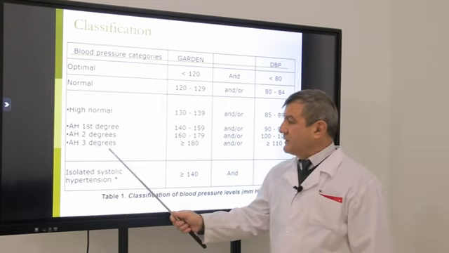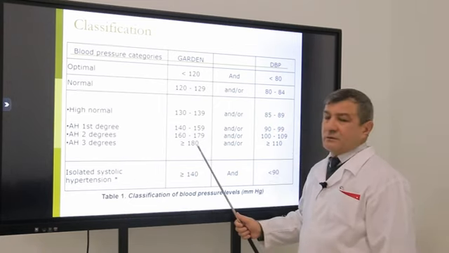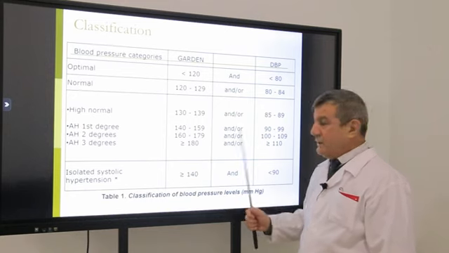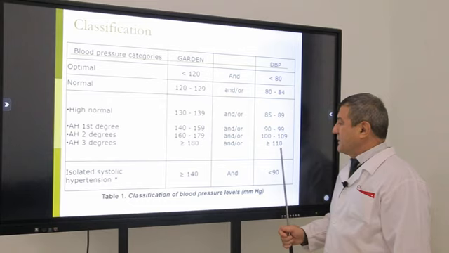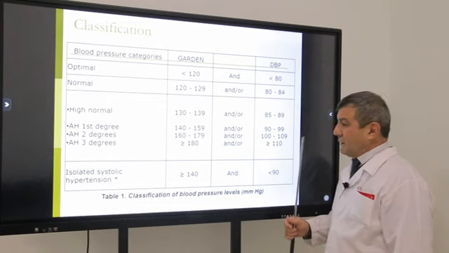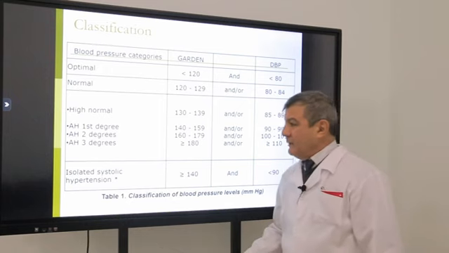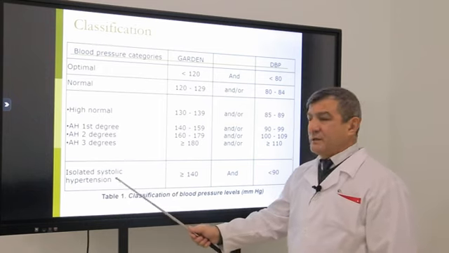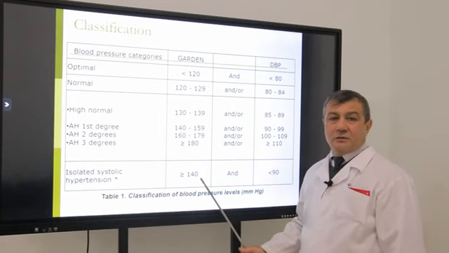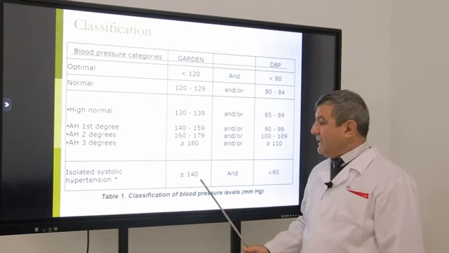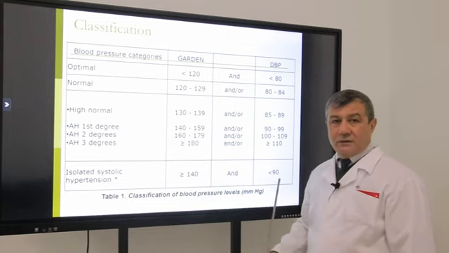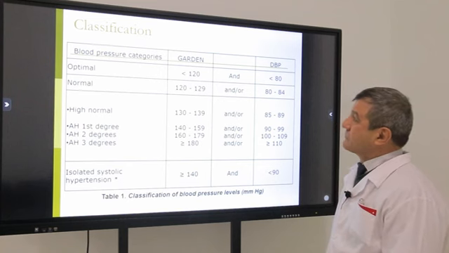Third degree is when systolic is 180 and higher and diastolic 110 and higher. Besides this, we have isolated systolic hypertension. Isolated means systolic blood pressure higher than 140 and diastolic lower than 90.